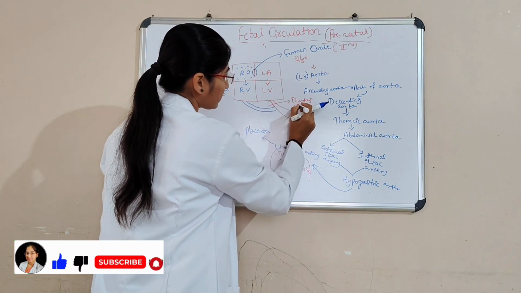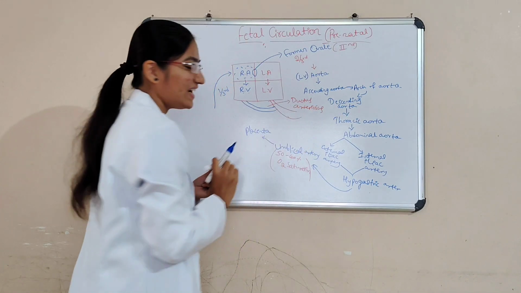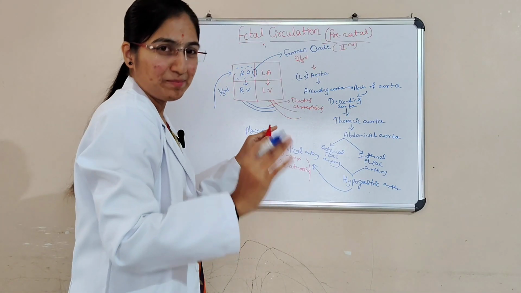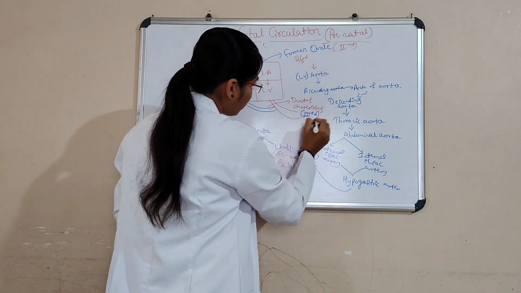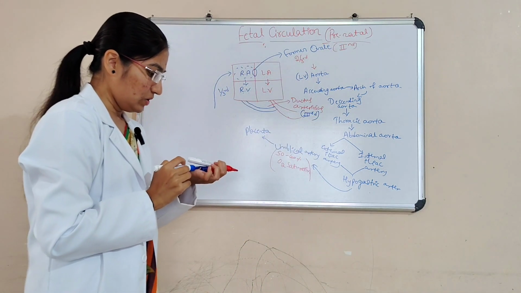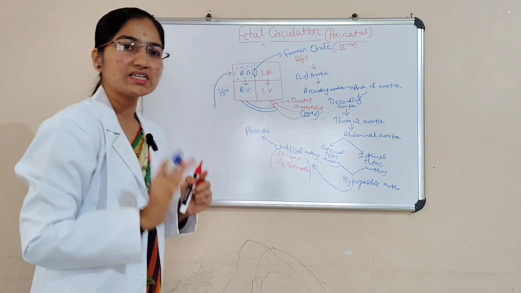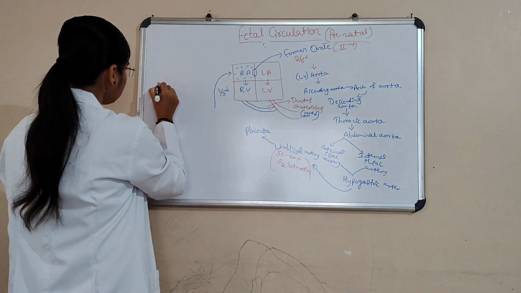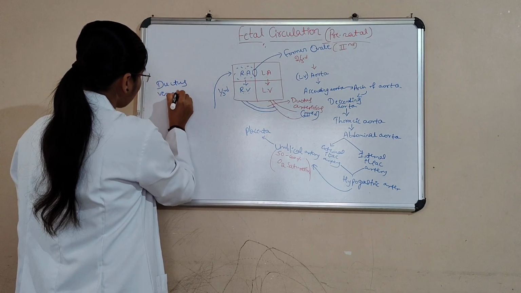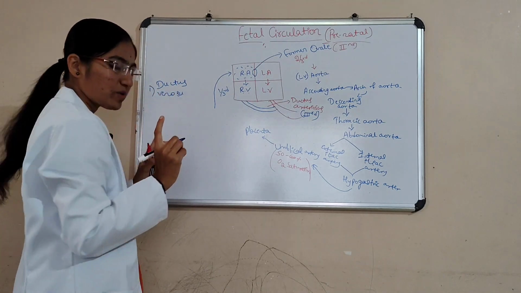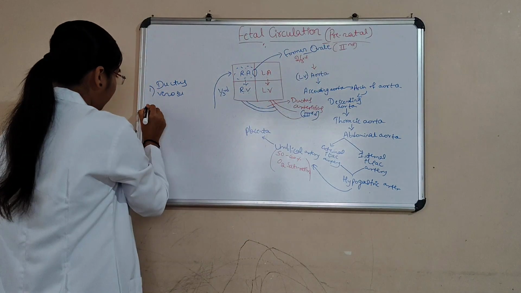Ductus arteriosus. And then this is the third bypass channel. What is the first bypass channel? The first bypass channel is the ductus venosus. What is the second bypass channel?